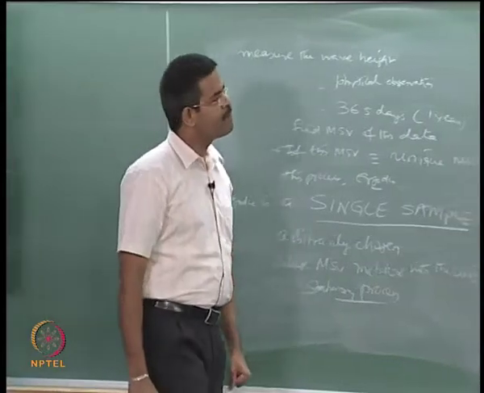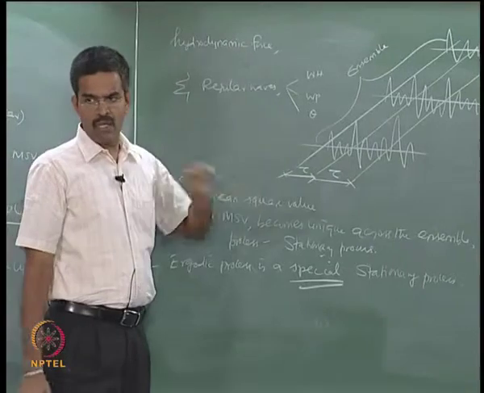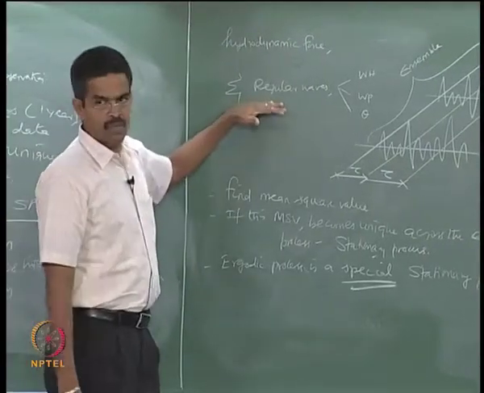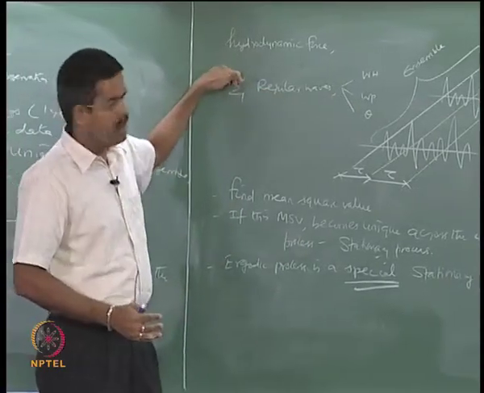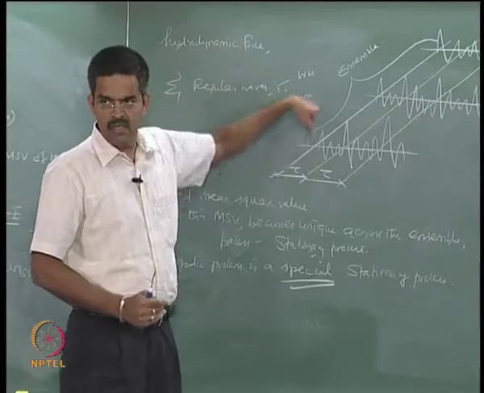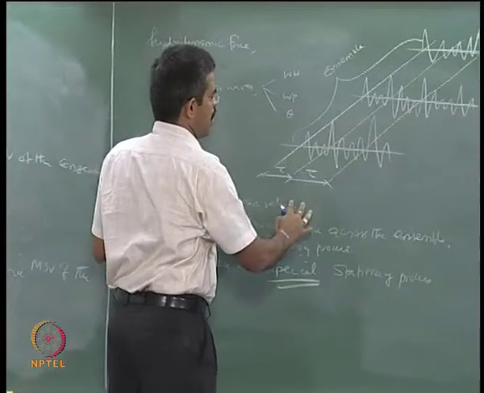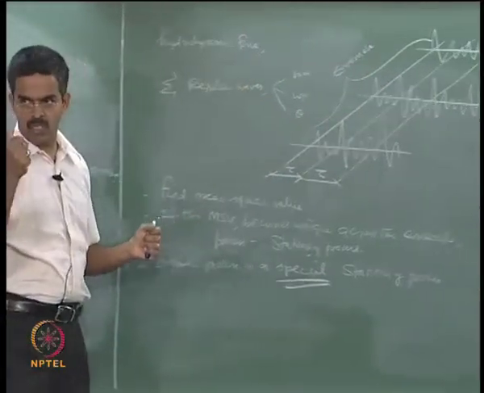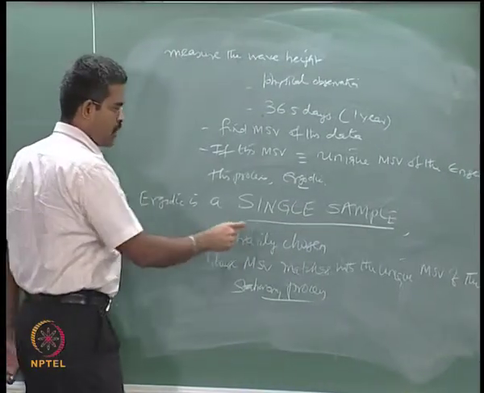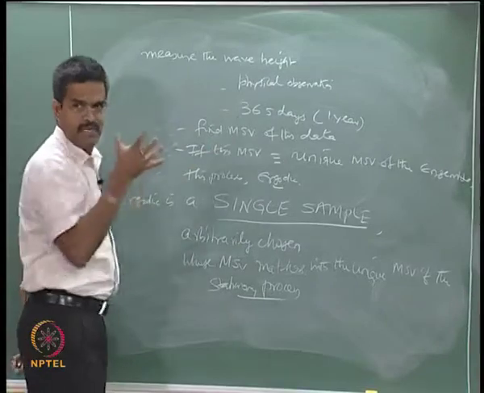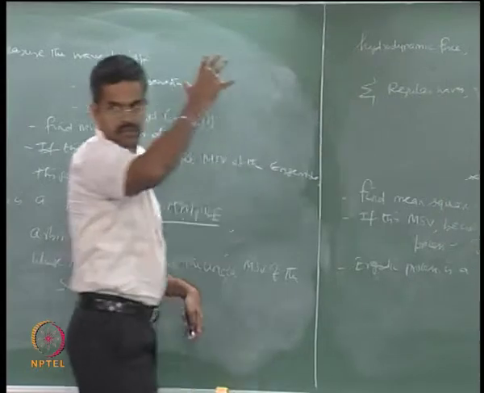Now interestingly, hydrodynamic force acting on the member will come from the waves. Waves are a series and summation of regular waves of infinite number which have different wave height, wave period and direction. Out of this complexity, I am able to pick up at random one specific signal which has a mean square value, for example of the wave height, which is equal to the unique mean square value of the whole ensemble.